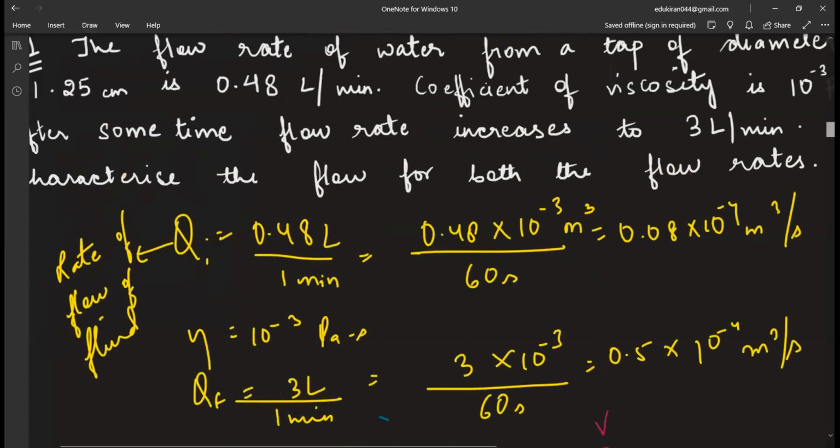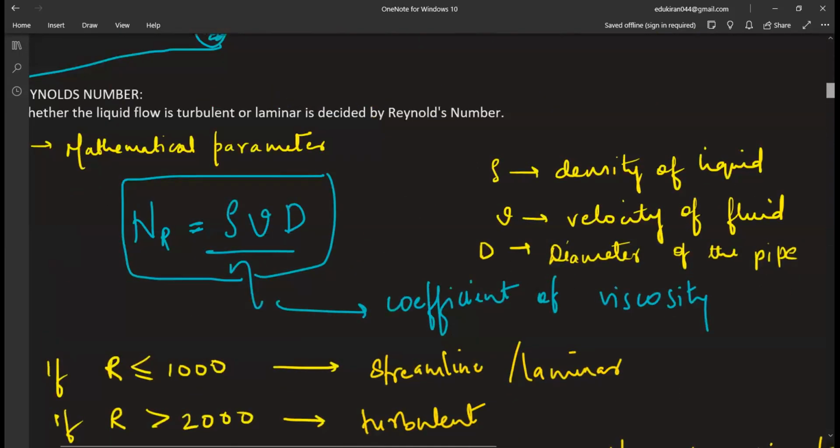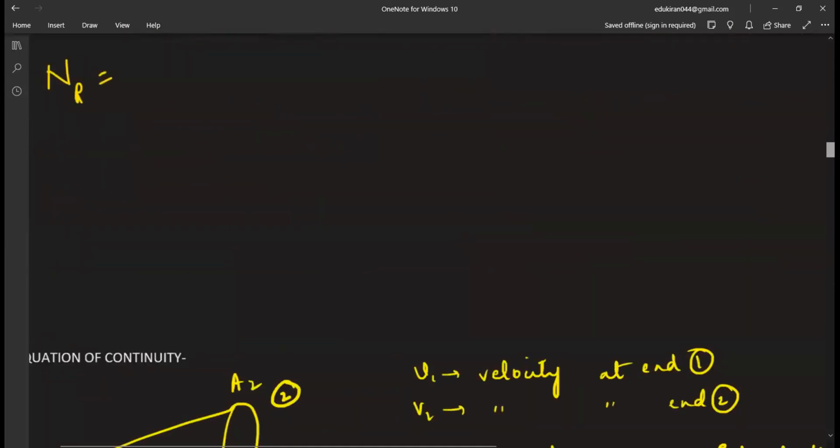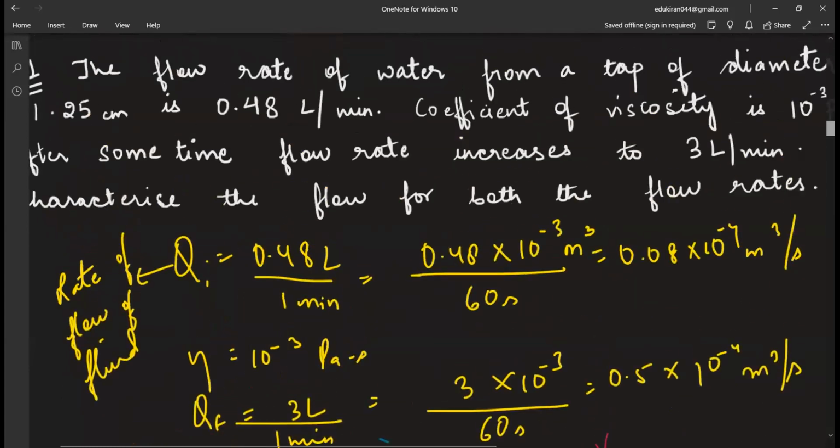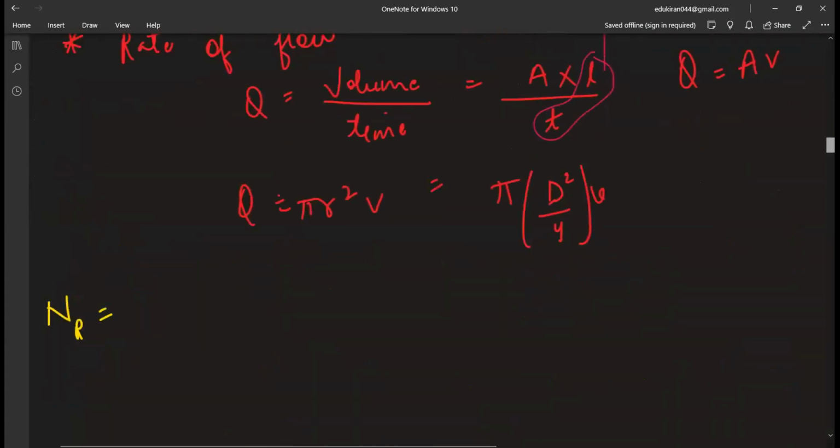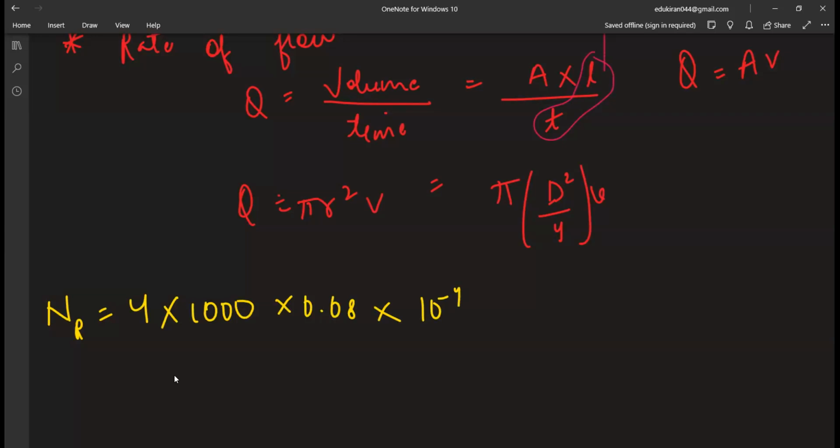What all values are given? See, Reynolds number is rho Vd by eta. So density, this is water, that's 1000. Okay, this 4 will go up, so this will become 4 into 1000. Velocity 0.08 into 10 to the power minus 4.